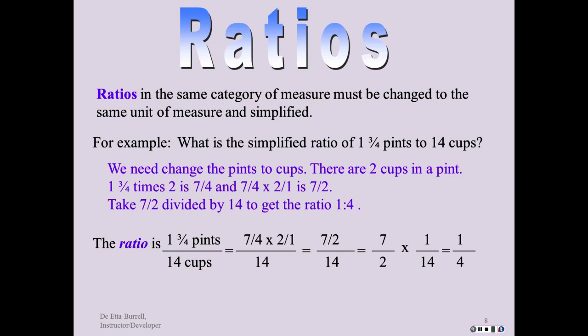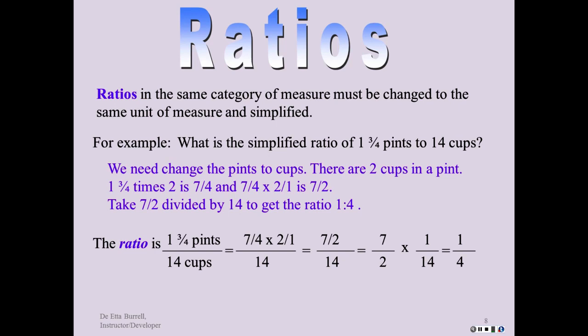So if you find that you have a ratio that's in the same category of measure, you should simplify the one that's the biggest and make it in terms of the other smaller one, and then actually reduce them down if you can. So in my problem, I've got pints and cups. How many cups are in a pint? Not 4, 2. Yeah, there's 2.